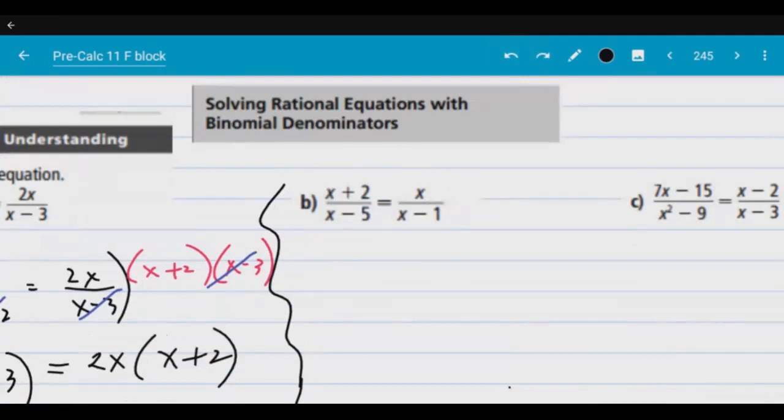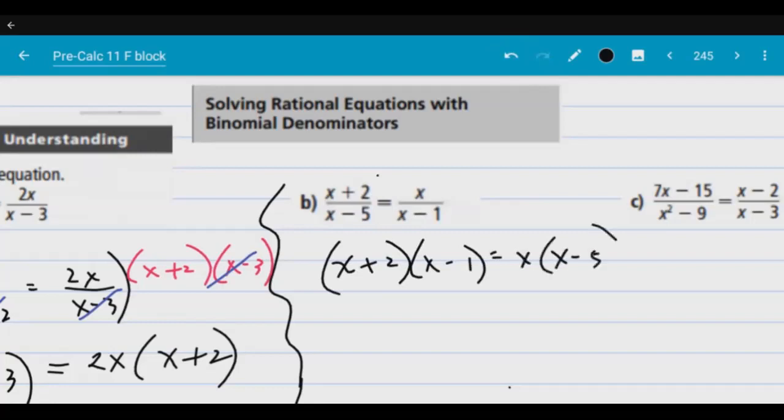All right. So I will multiply these two. x plus 2 times x minus 1. And that would be equal to multiplying these two. x times x minus 5. So to expand this, foiling this would be x squared plus x minus 2. Here it's x squared minus 5x, right?